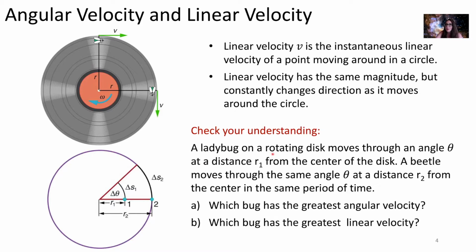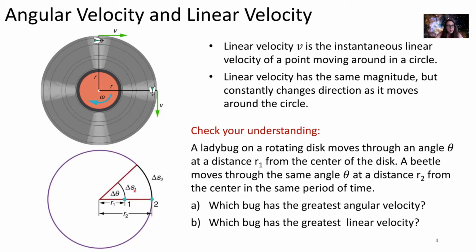Let's say we have a ladybug on a rotating disc, moving through an angle theta at a distance of r1 from the center of the disc. And we have a beetle that moves through this same angle, delta theta, at a distance of r2 from the center in the same period of time.